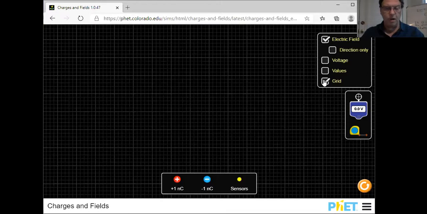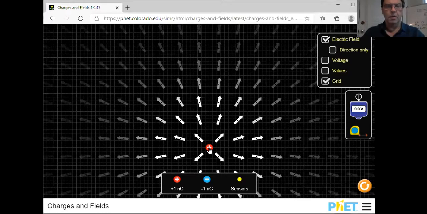Place a 1 nanocoulomb positive red color charge on the grid. So I'm going to stick the 1 nanocoulomb charge someplace. Let's maybe stick it right here, very carefully, maybe at a grid intersection. And you'll notice that the moment I lay it down, it's going to show you the radially outward electric field.